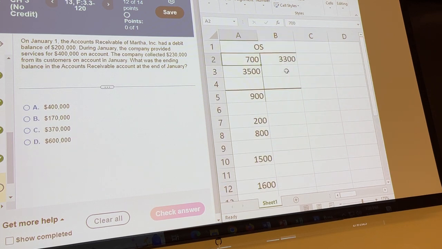So we could look at a T account again for this. So we'll call this T account AR for accounts receivable. So beginning balance debit of 200,000, and then we would add to it 400,000, and then the collections, which would be a credit, would be 230,000.